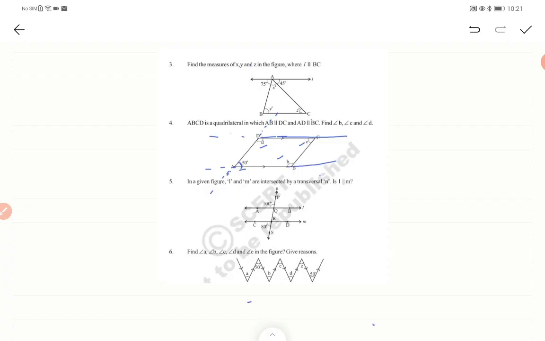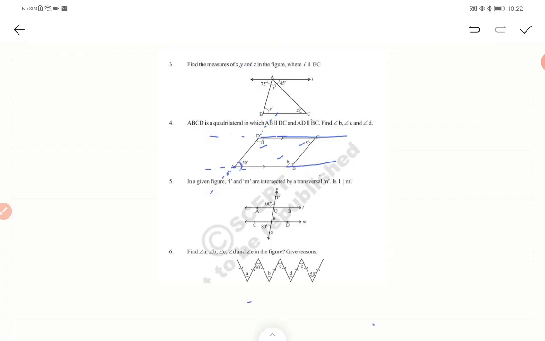For these two parallel lines, you have interior angles 50 and D on one side of the transversal.